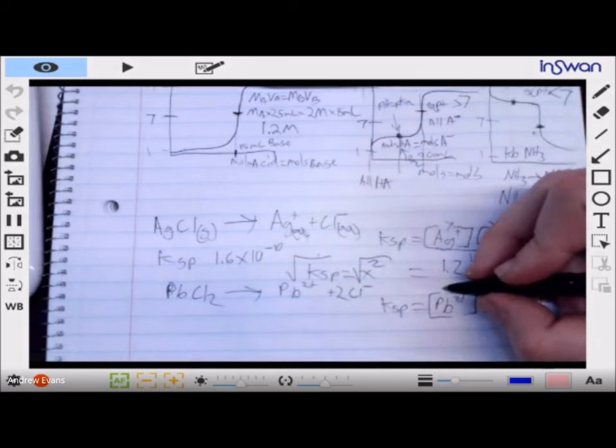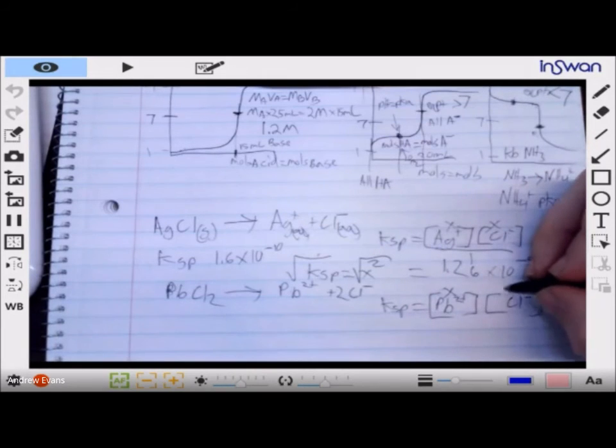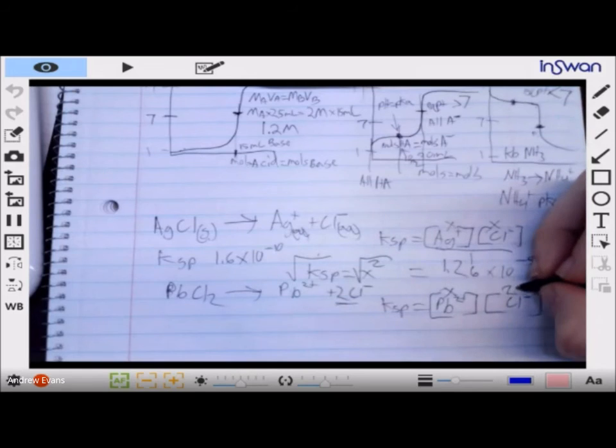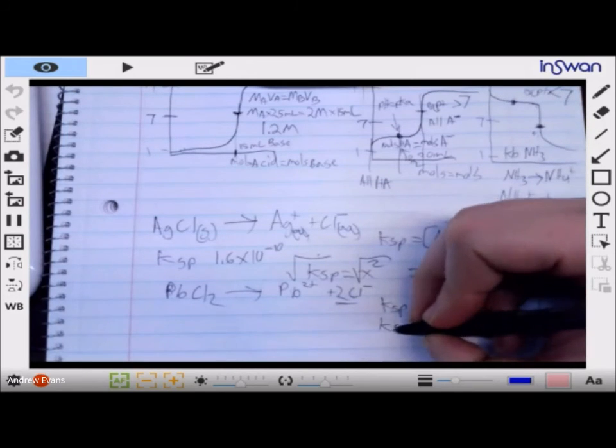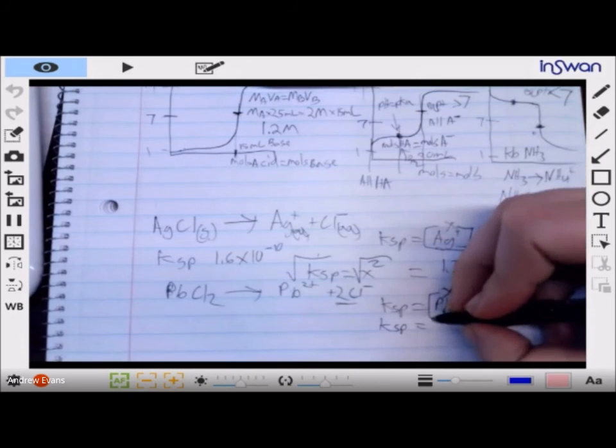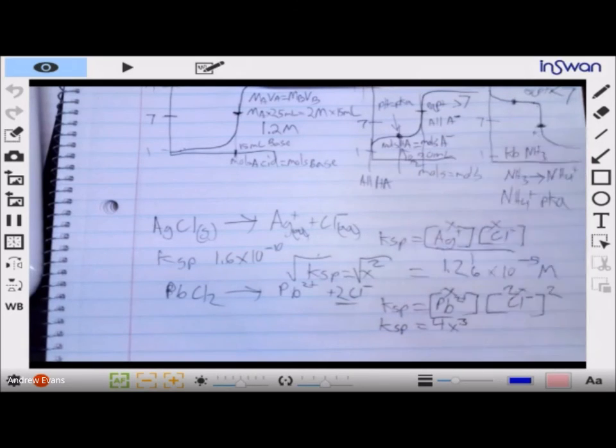This would still be an X, but now, because there's 2 chlorides, this would be 2x. So our KSP would be x times 2x, or 4x cubed.